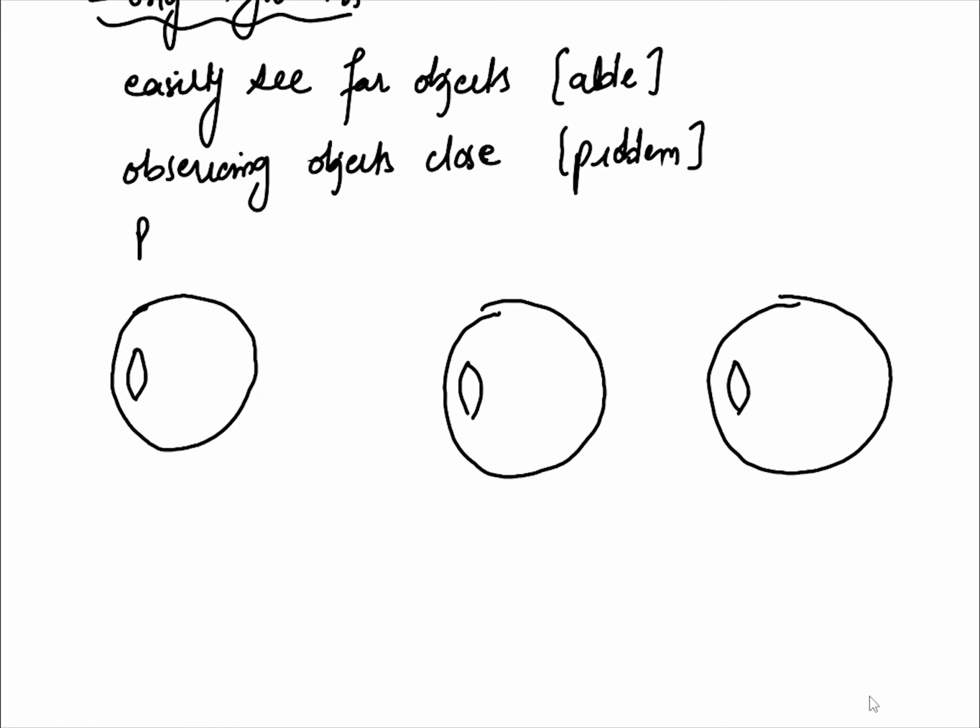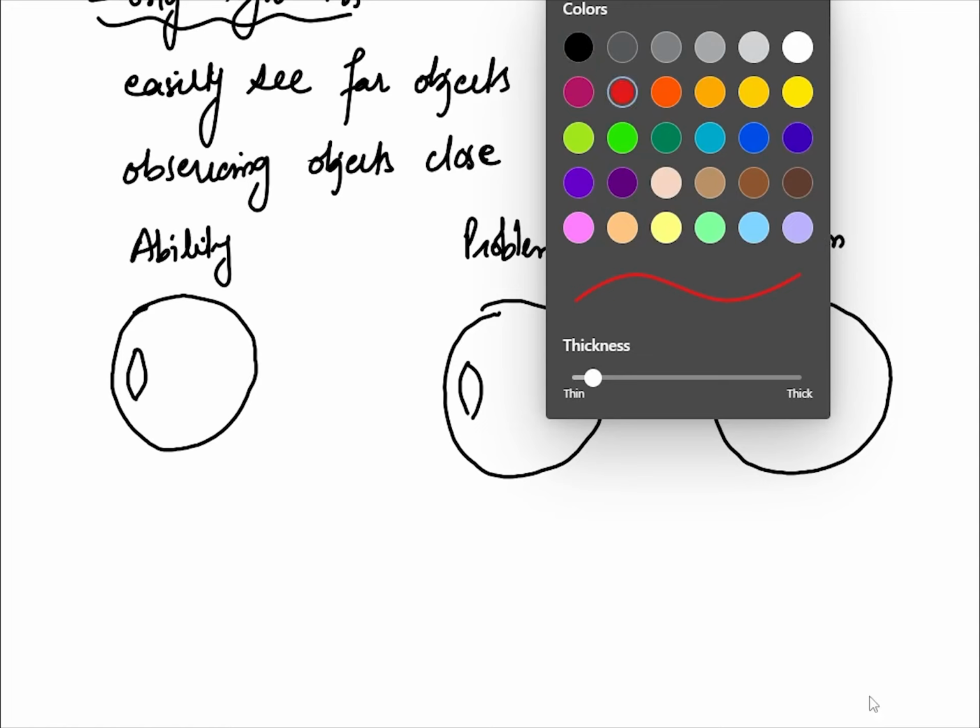First we're going to identify the ability, what they can do. So first we will draw the light ray diagram for what they can do, the ability. Then we will draw the ray diagrams for the problem they have, and then we're going to provide the solution to that problem using glasses and lenses and so on.